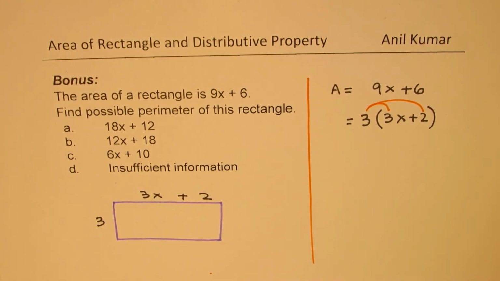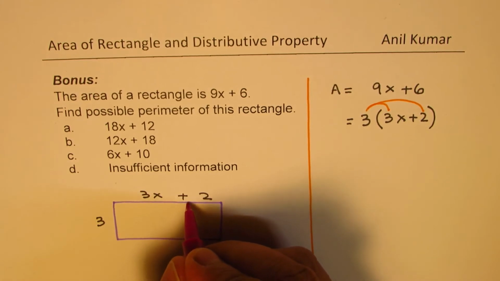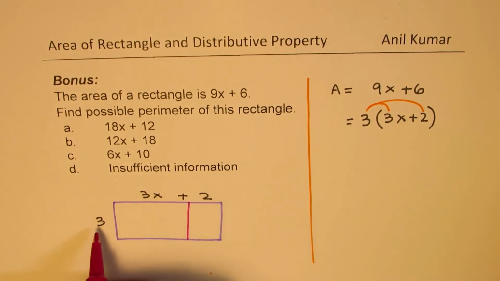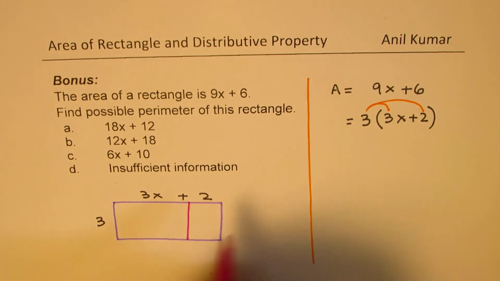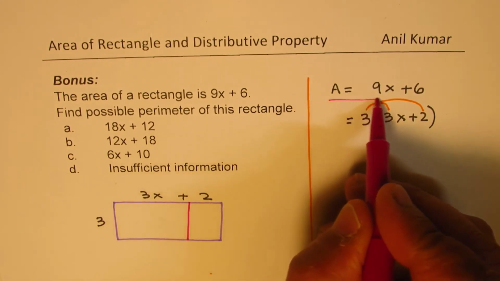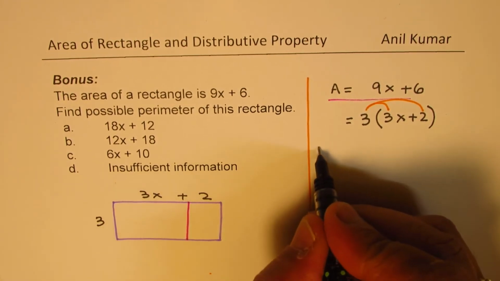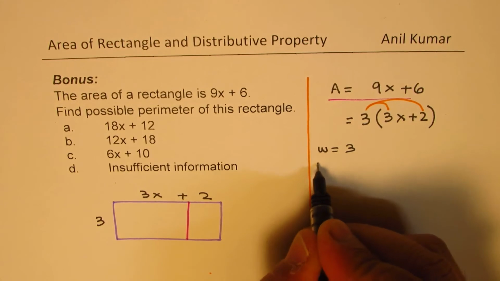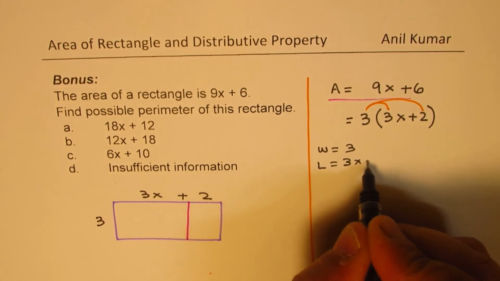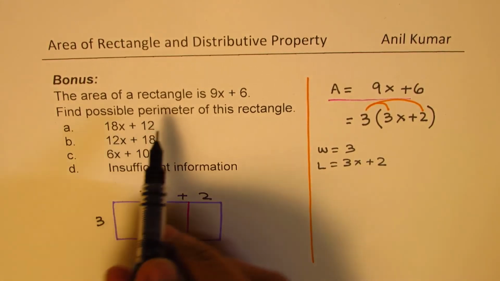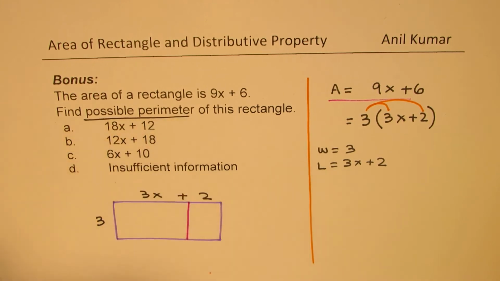So what I'm trying to say here is that this particular rectangle, whose sides are 3 as the width and 3x plus 2 as the length, gives me the same area as in the question, correct? So we could split this. Now, since we have done so, we know for our rectangle, we have width of 3 and length of 3x plus 2. So we need to find a possible perimeter.